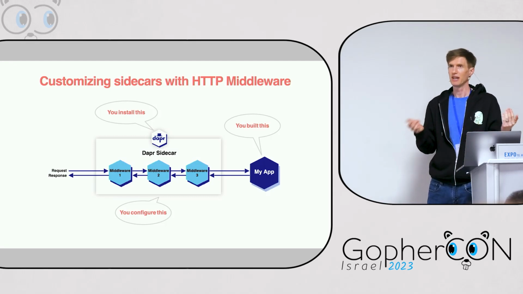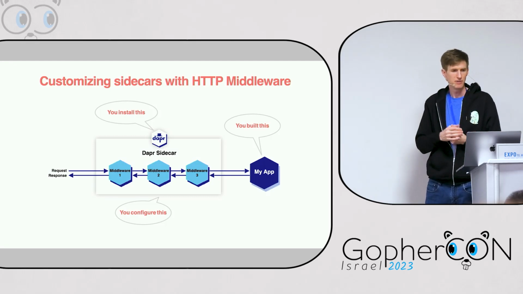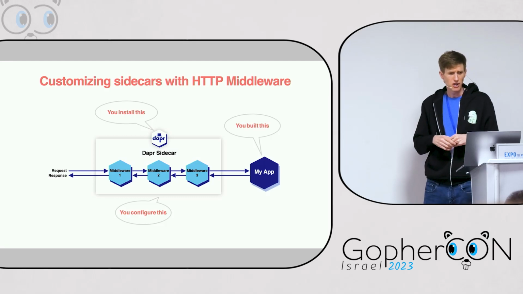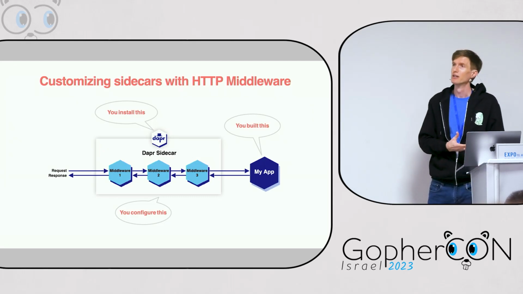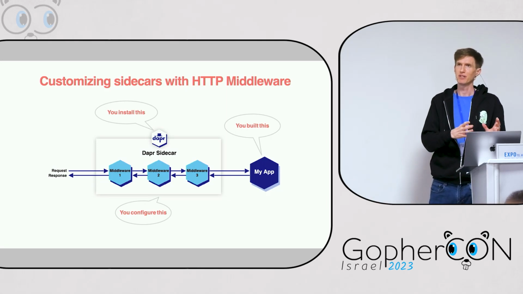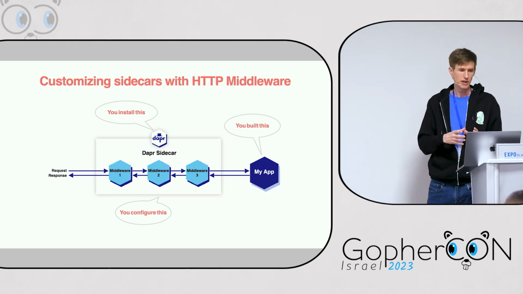And of course, it doesn't have to be HTTP, but I'm just using it because most people know that. So in other words, you end up building something, but relying on something that you've installed. So you've moved responsibility into something that's kind of like infrastructureware.